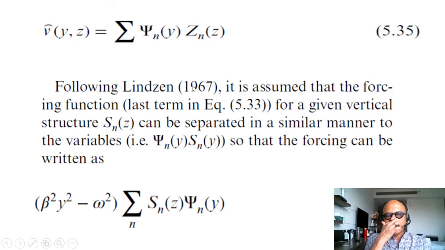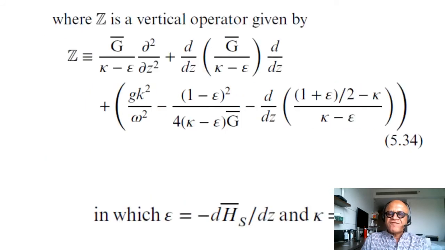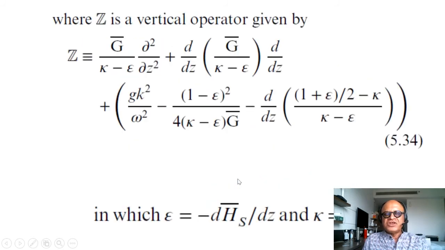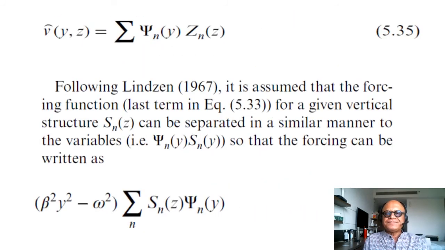Okay, we can follow Dickinson's classic 1967 paper where the forcing function, this one, which is quite fiendish looking, for a given vertical structure S and Z also can be separated in a similar manner to the variables. So it can be written as meridional structure and vertical, the heating term in a meridional sense as well.